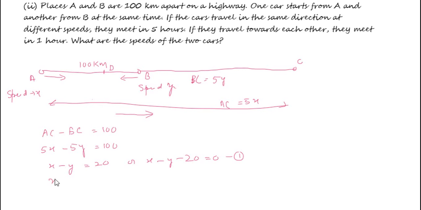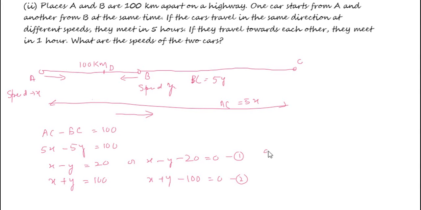So x plus y equal to 100, or x plus y minus 100 equal to 0. This is equation 2.